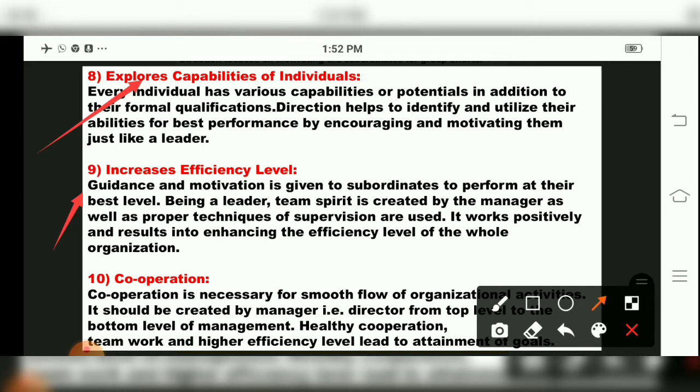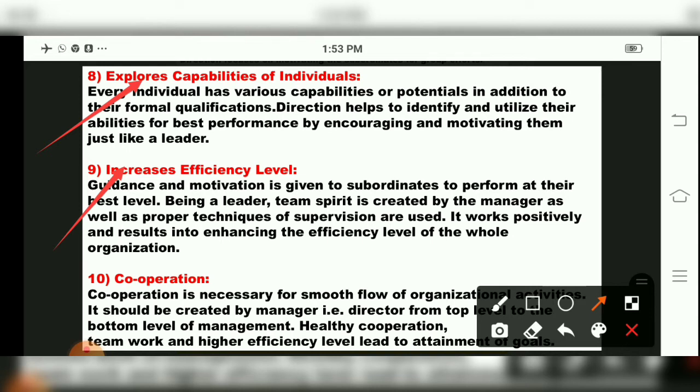Then the 9th point over here in the importance of directing is increases efficiency level. Now see, as I told you, we have all studied that the manager has to develop team spirit, and has to look after the capabilities and skills of employees. So when a manager is looking after this, he guides and motivates subordinates and brings out the best of the subordinates.